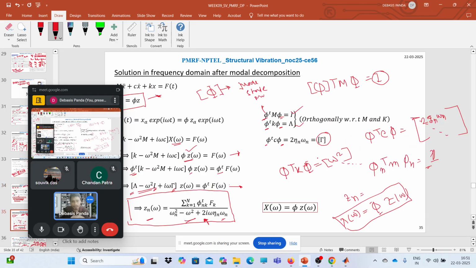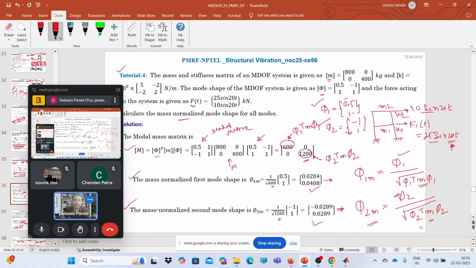That's why we saw how to represent it using modal coordinates and mode shape information. Using this representation we don't need to invert that equation for every omega, and it is less heavy.